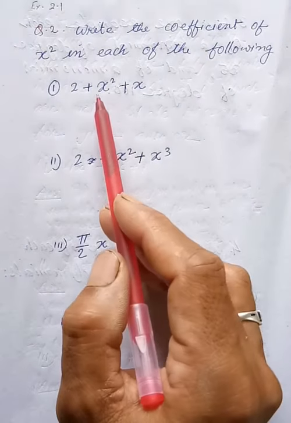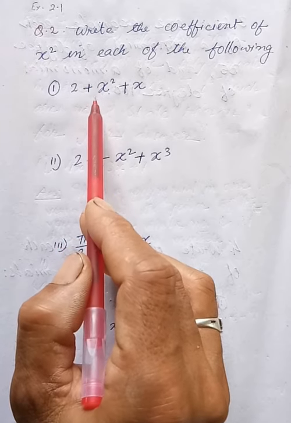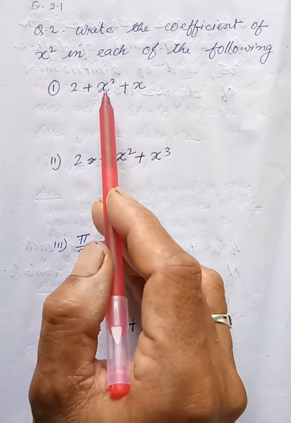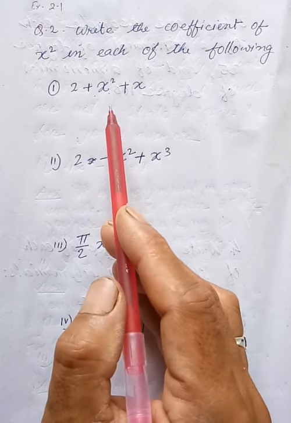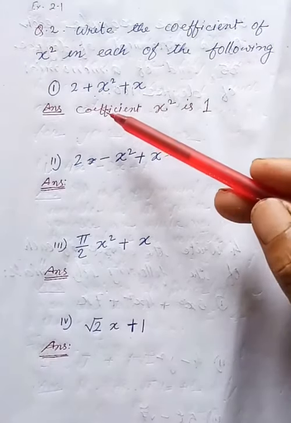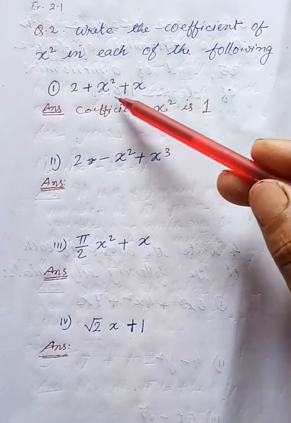Here, along with x square nothing is there, that is 1 is there. So the coefficient of x square is 1. It is written here, coefficient of x square is 1 in this expression.